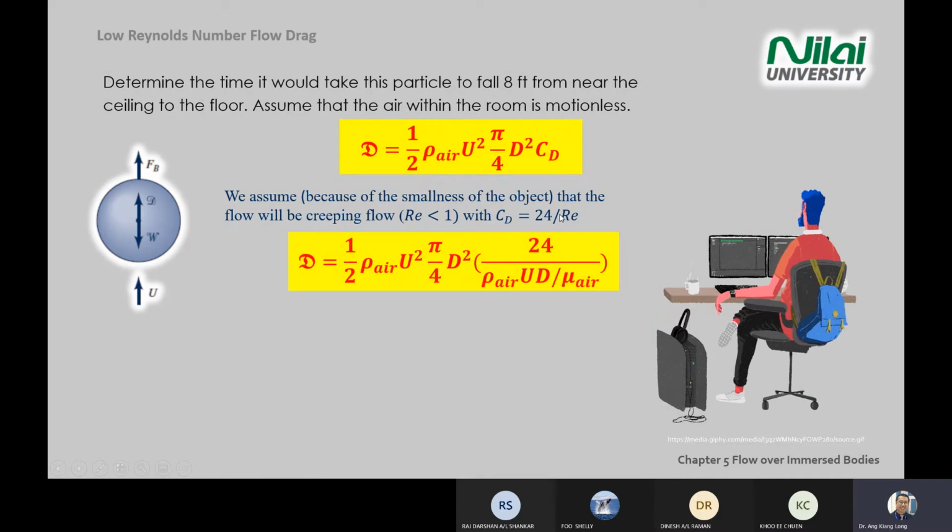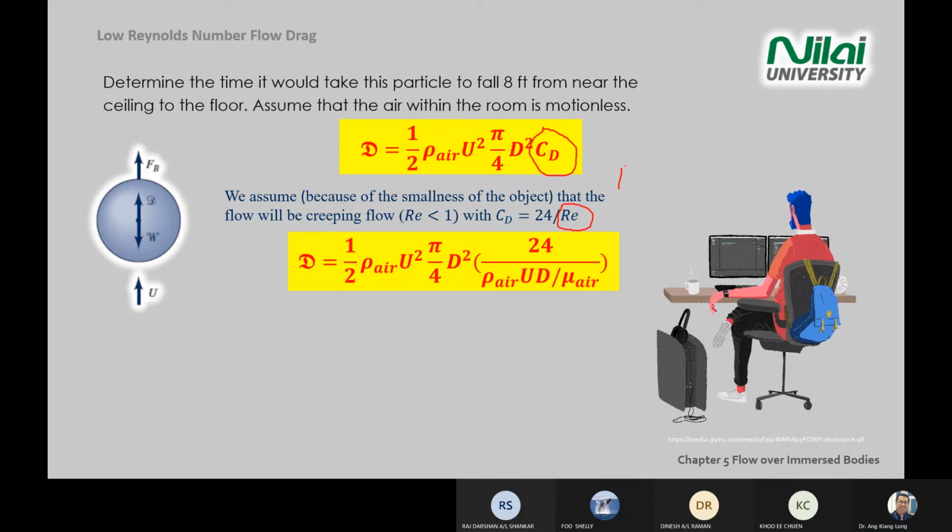Back to our case, you substitute CD equal to 24 over RE. Then the definition of Reynolds number is rho VD divided by mu.